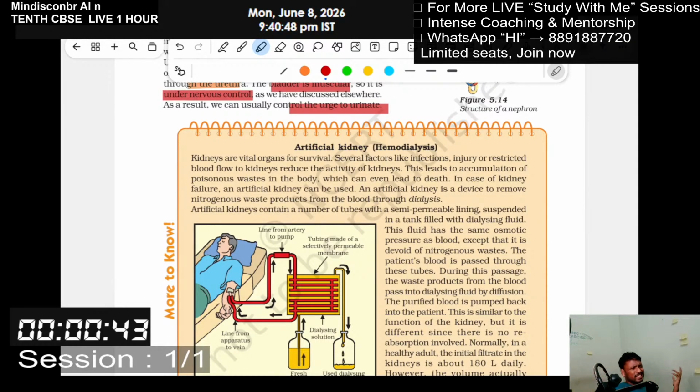The kidneys that are artificially made are called artificial kidneys. It is also called hemodialysis. Hemo means blood.